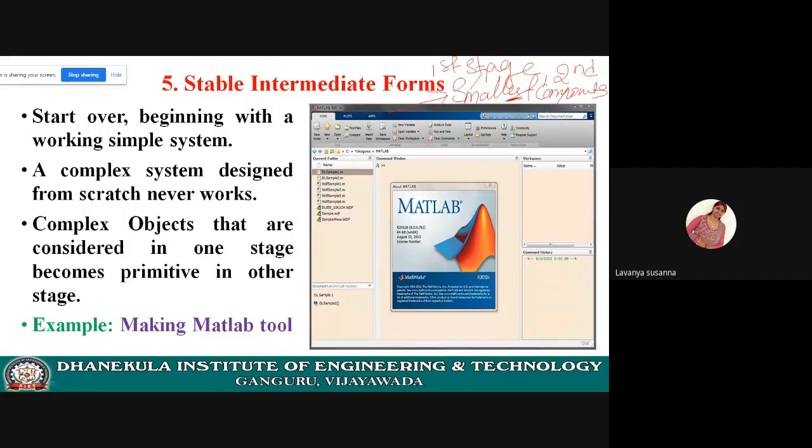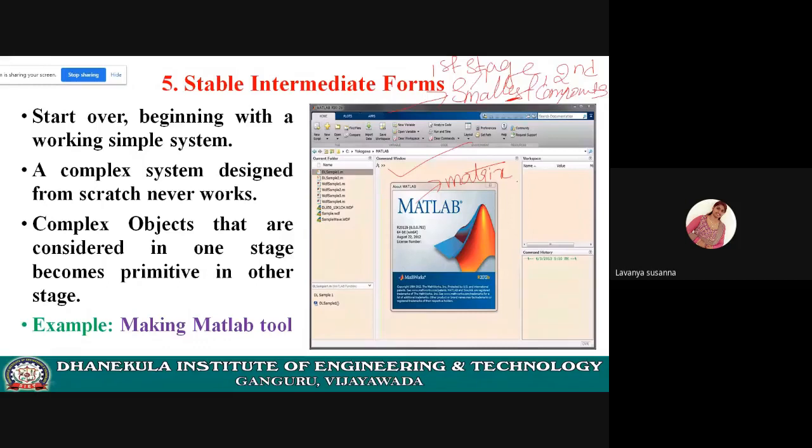For example, see here, I am taking MATLAB. MATLAB is a tool used for image processing, video processing, scientific purposes. MATLAB means Matrix Laboratory. It is a software, it is a tool.